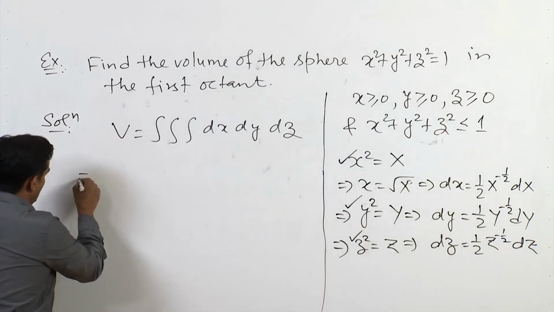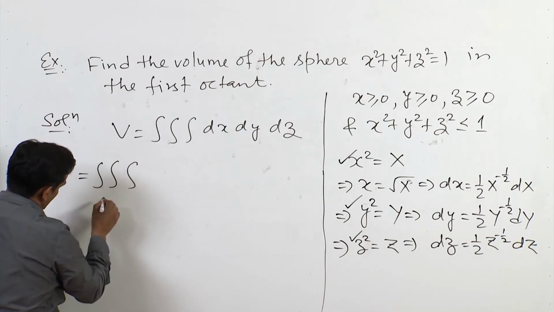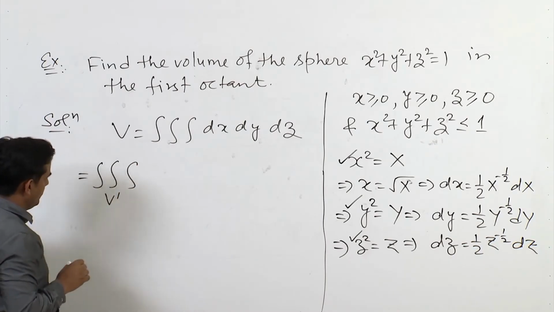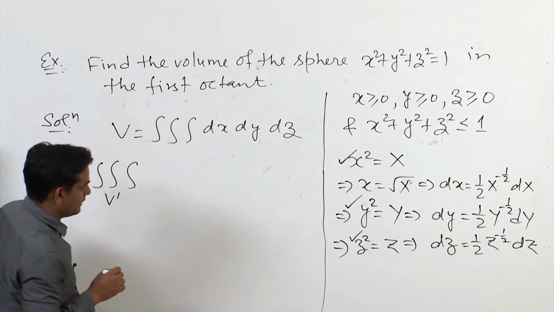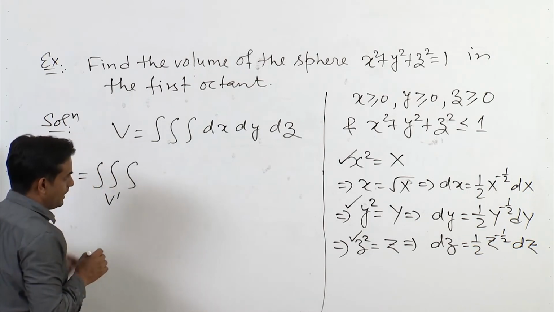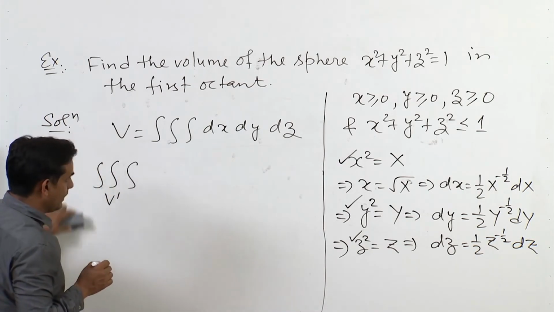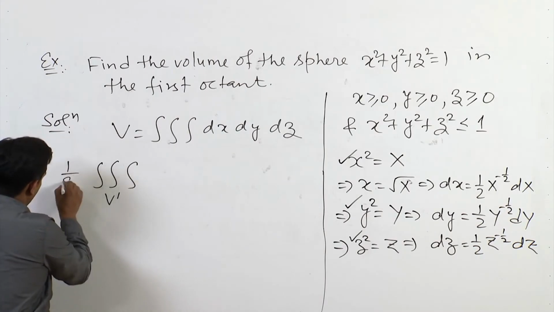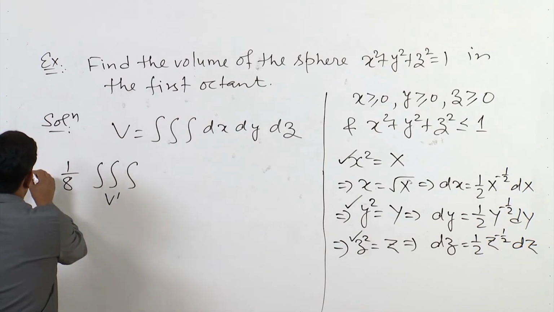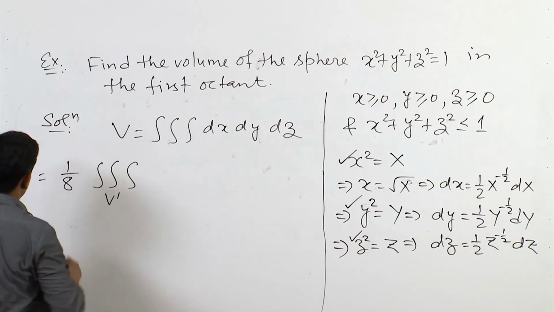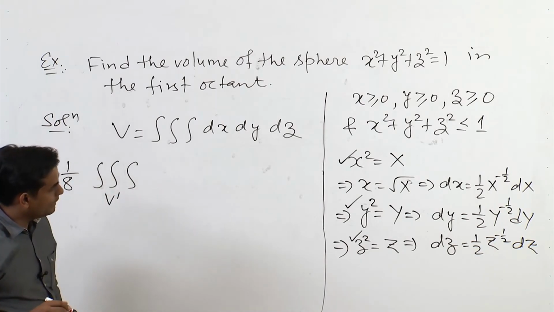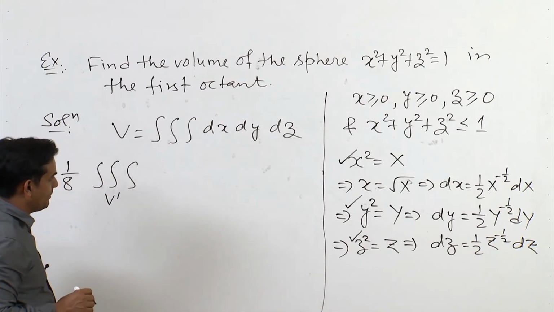So, now this integral will become over a new region V dash. dx is 1 by 2, 1 by 2, 1 by 2, so that I am taking out. So, 1 by 8 and then capital X raised to power minus half.